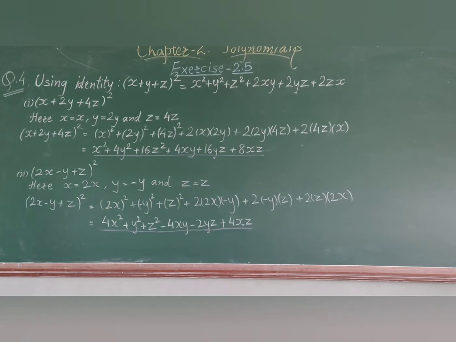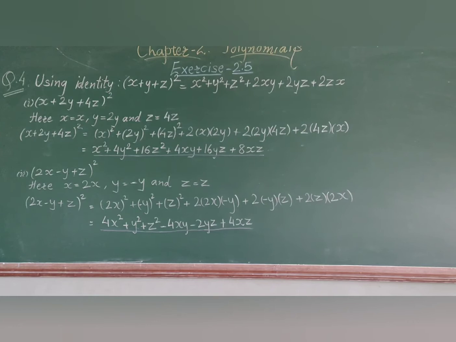of 3 terms. And for that, we use identity number 5, that is x plus y plus z whole square equal to x square plus y square plus z square plus 2xy plus 2yz plus 2zx.